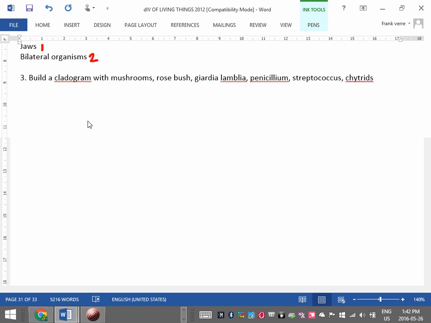Alright, one of the things you'll also be asked to do is build a cladogram. So you have a bunch of organisms, and you gotta organize them. Now what I'm gonna do, to make your life and my life easier, especially to help us both out, is I'm gonna give you the skeleton of the tree. Because otherwise what happens is, if I don't give you the skeleton, I know this was last semester, I have to sit for hours staring at this tree.